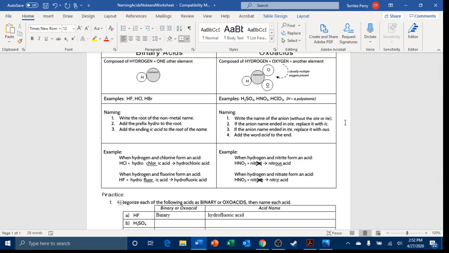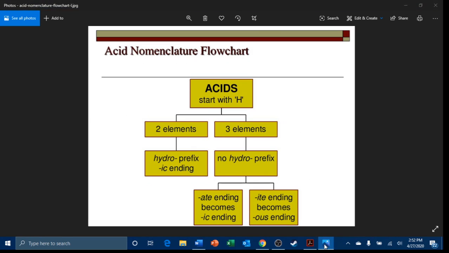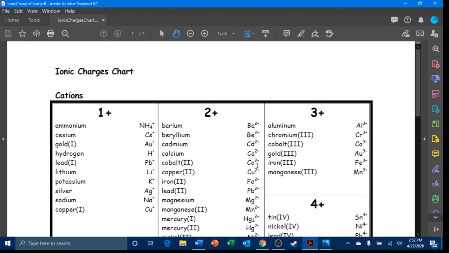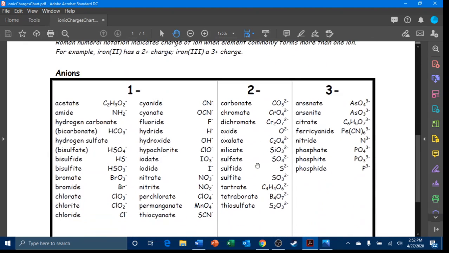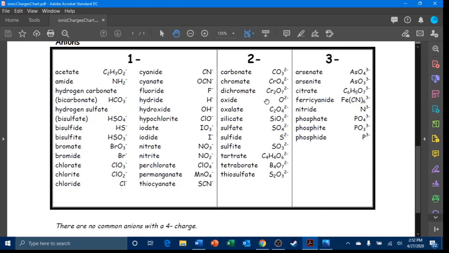It's always hydrogen. So your anion is everything in the formula that's not hydrogen. And remember, you can look at the ion chart right here. This has all the anions that you need. So when you start writing the formulas, you're going to need this.